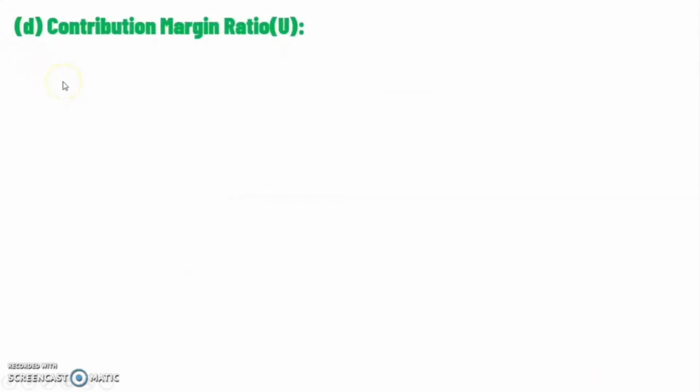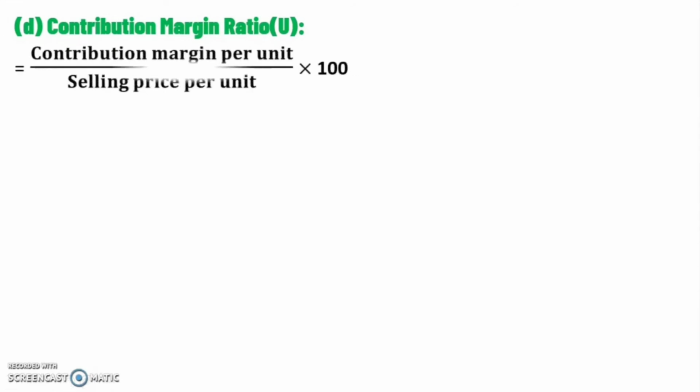Dear students, now we calculate contribution margin ratio. Contribution margin ratio equals contribution margin per unit divided by selling price per unit times 100.